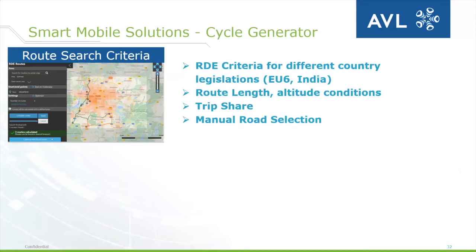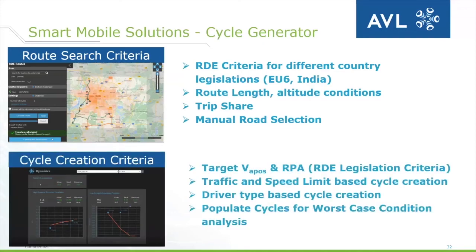There is always the possibility to add specific roads by interacting with manual waypoint additions. This is the part where the route is selected. Once the route is selected, it can be utilized in the vehicle as navigation information, or it can also be utilized in the cycle generator to create realistic synthetic cycles.